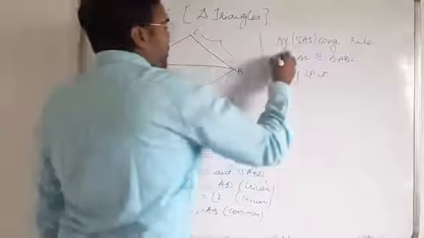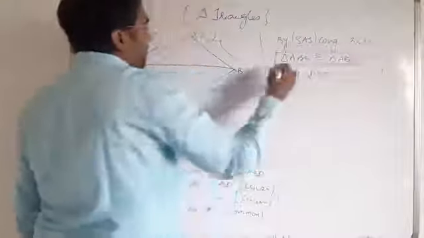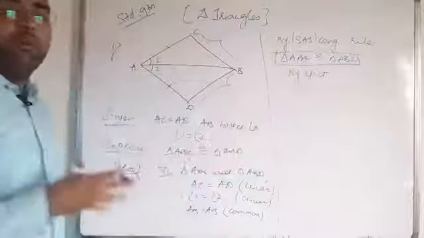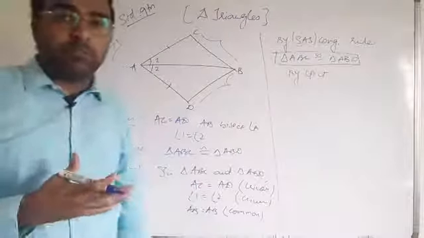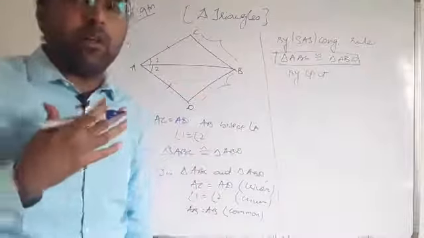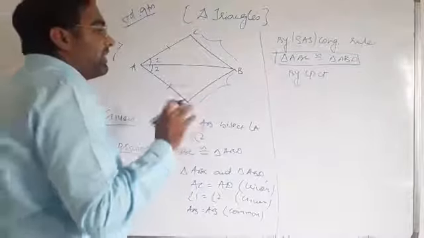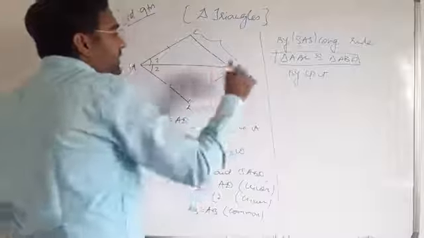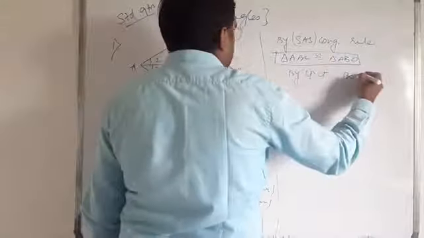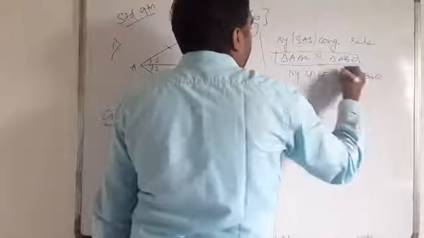Now we have proved that both triangles are congruent, so the remaining parts of the congruent triangles are also equal. So by CPCT rule, BC is equal to BD.